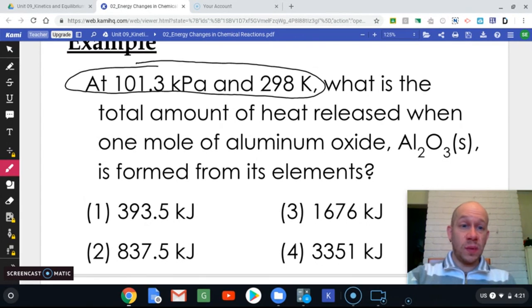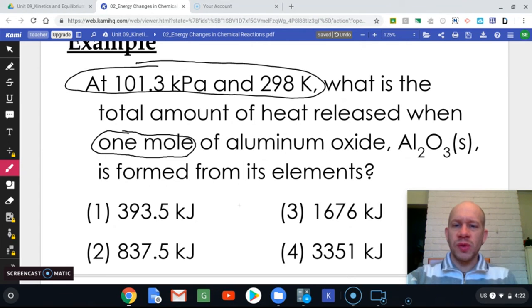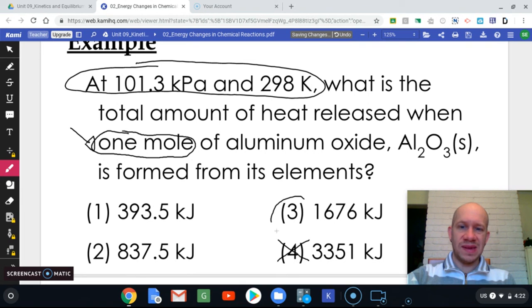This is asking 1 mole. If you notice in that equation on Table I, you produce 2 moles. To produce 2 moles of Al2O3, it's going to be a negative 3,351 kilojoules released. So if you went for this answer, that's not correct because it wants 1 mole. So 1 mole of this is going to be half that value, which would be 1676.